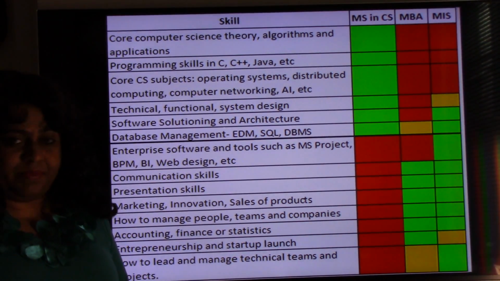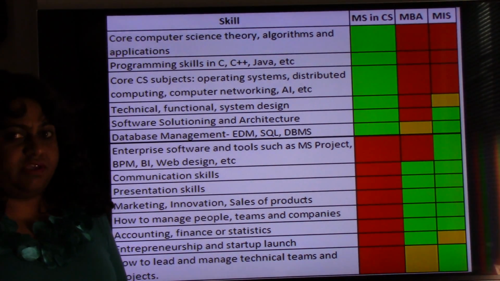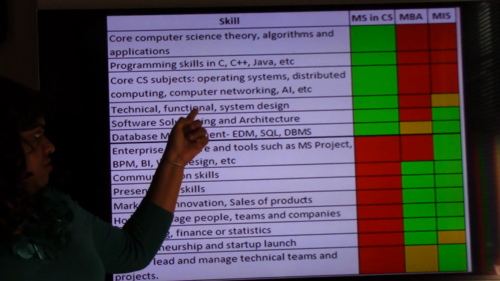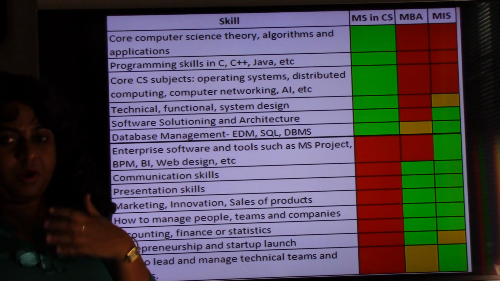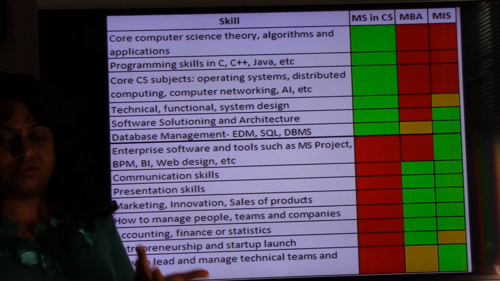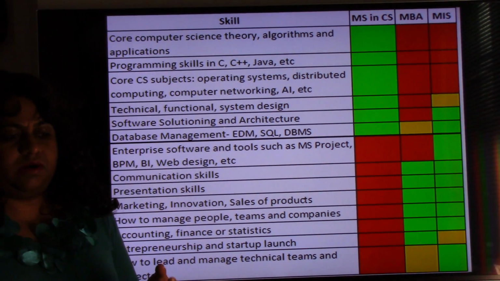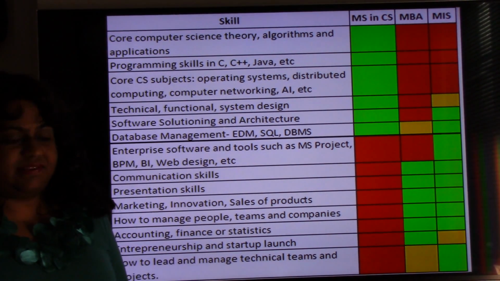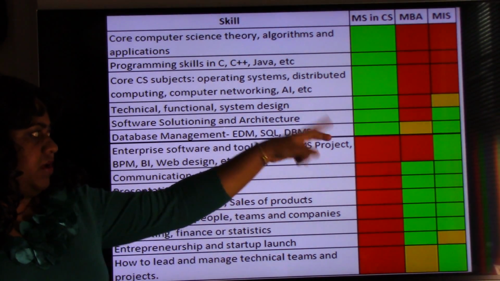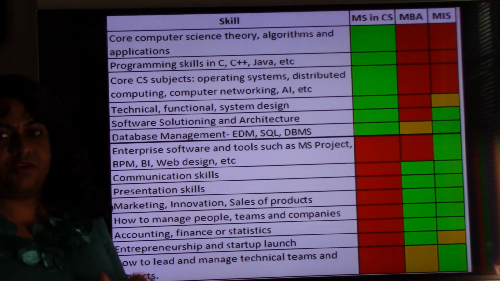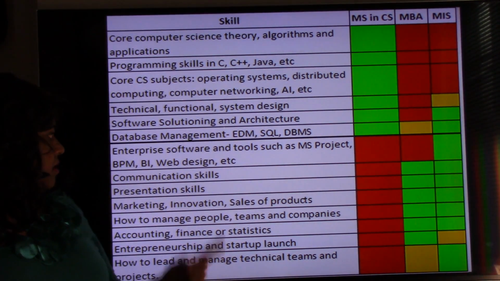So you do learn quite a bit of that in an MIS program. But if you want to learn technical functional system design to probably become a solution specialist or a technical architect or a business systems analyst, then probably an MS in computer science or MIS are good for you. But in an MBA, you don't really learn much about that.